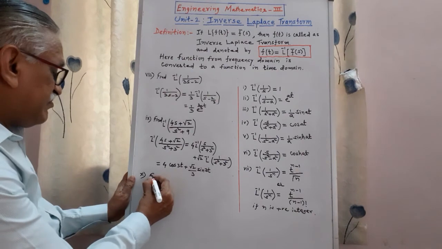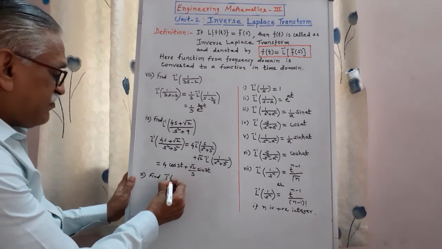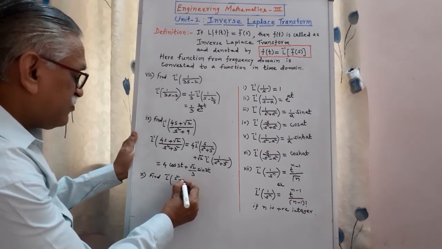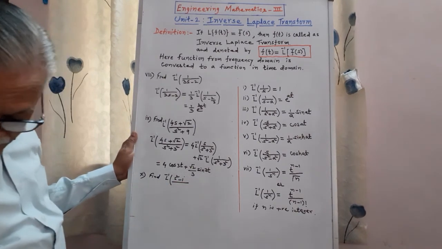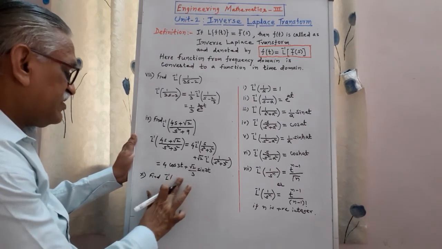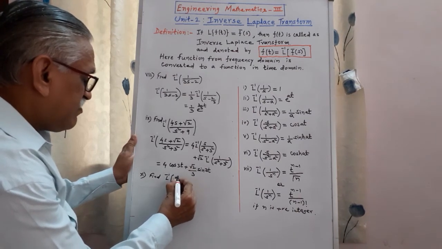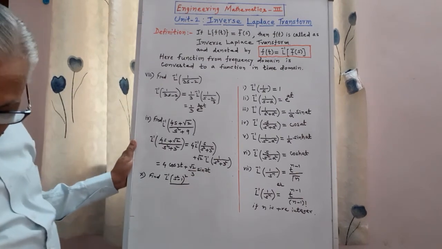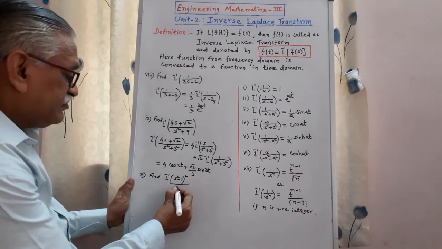Find inverse Laplace of s square minus 1 whole square divided by s raised to 5.